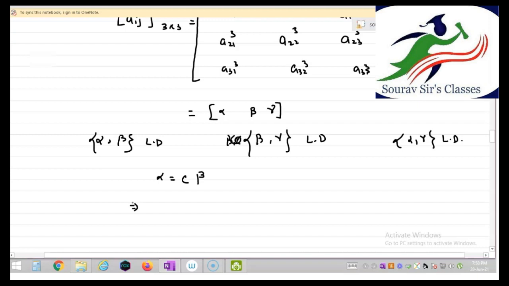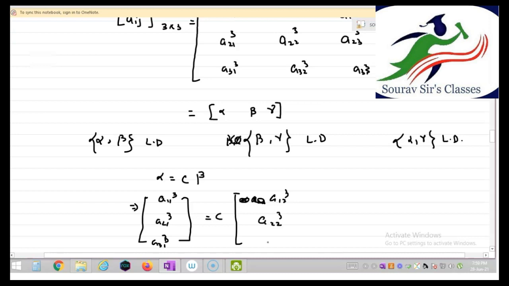Now observe what is alpha. Alpha is the first column vector, so it is A11 cube, A21 cube, A31 cube, equal to the scalar C into beta. Beta means A12 cube, A22 cube, A32 cube.